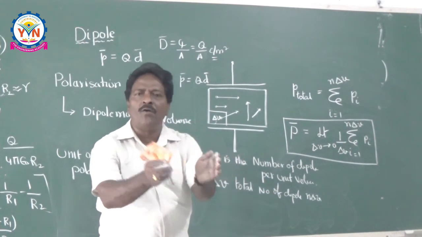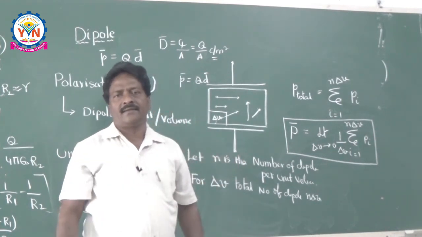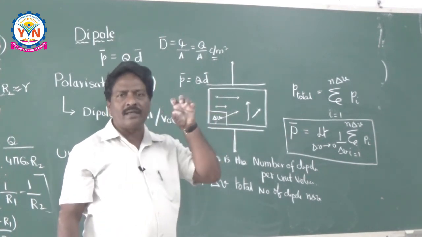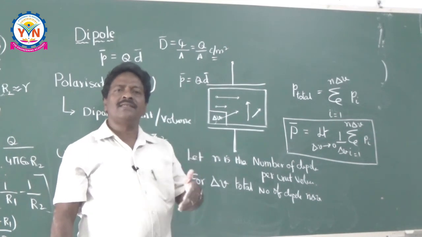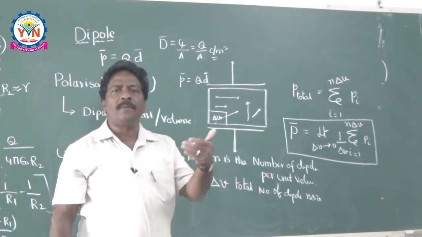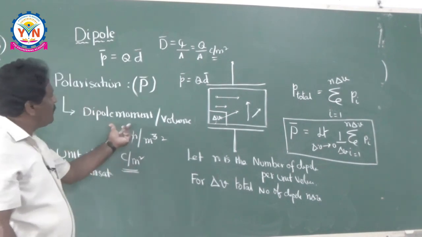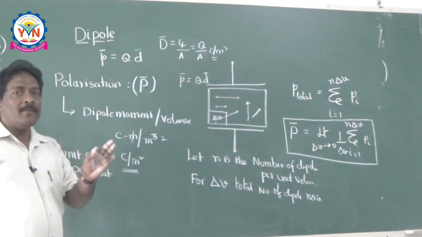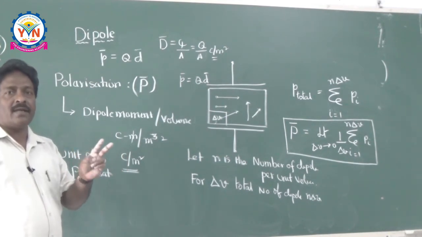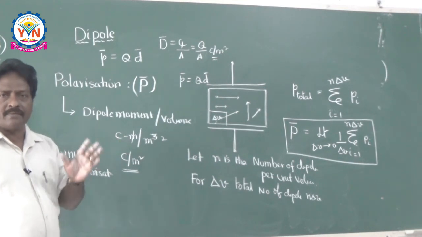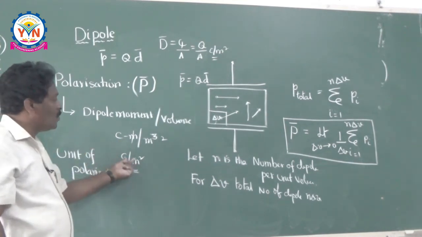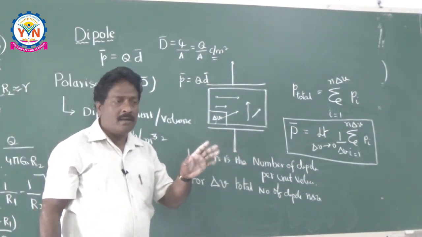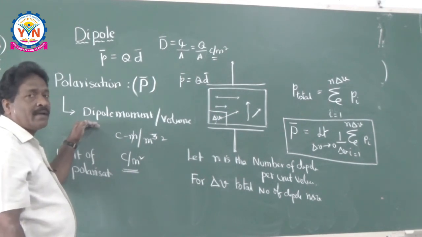Per unit volume, how many dipoles are aligned? That is, per unit volume, how many students are attracted and tuned in a particular direction, that is polarization. So polarization is defined as the dipole moment per unit volume. Its unit is Coulomb per meter square. In a dipole you have to know about two things. One is dipole moment, whose unit is Coulomb meter. The other one is polarization, that is Coulomb per meter square. Dipole moment is represented by a small letter P bar, and polarization will be given by capital P bar.